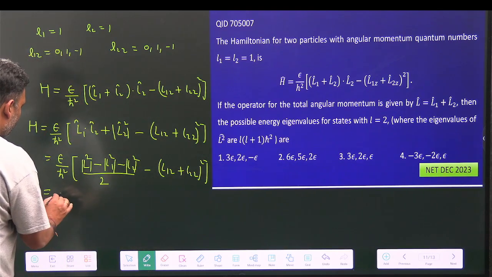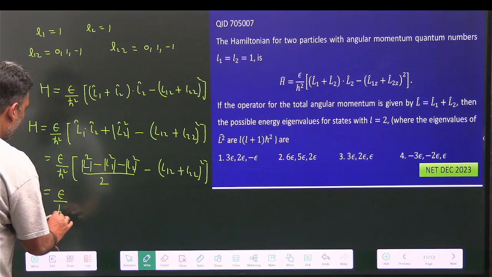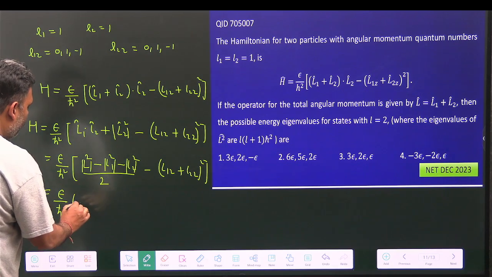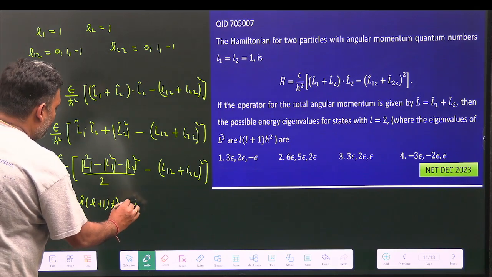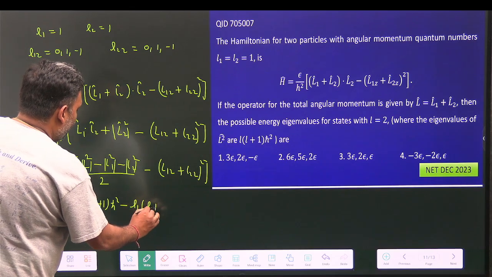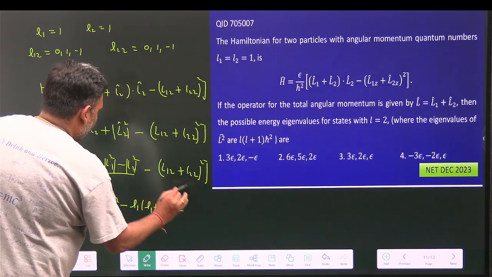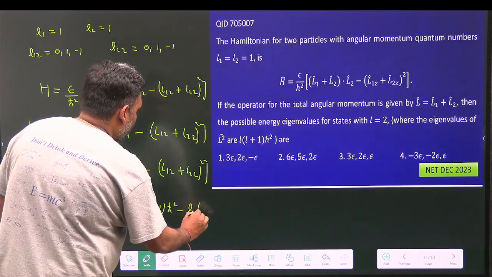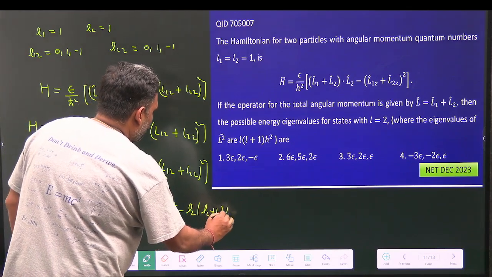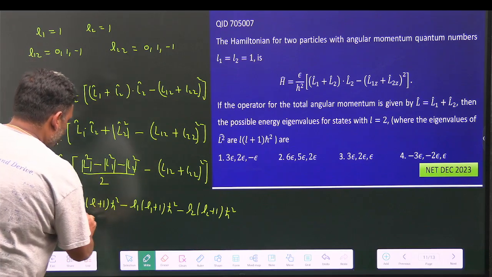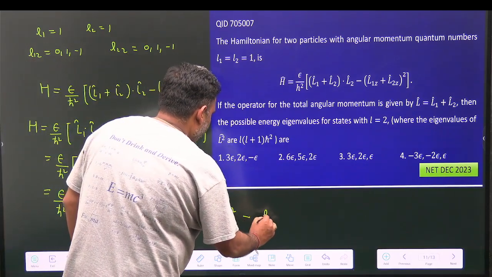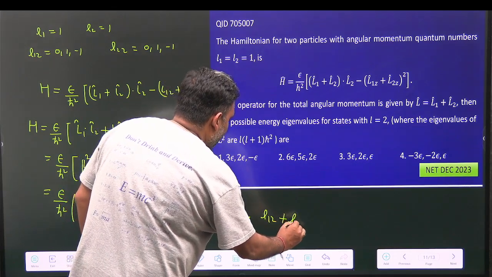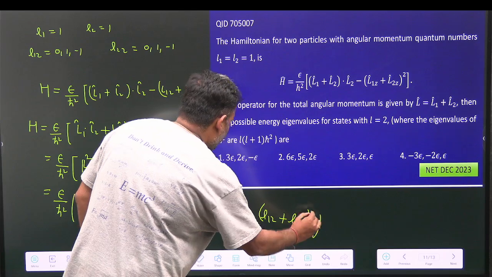So this will be epsilon upon h cut square, L into L plus 1 h cut square minus L1 into L1 plus 1 h cut square minus L2 into L2 plus 1 h cut square, by 2, and minus (L1Z plus L2Z) whole square.